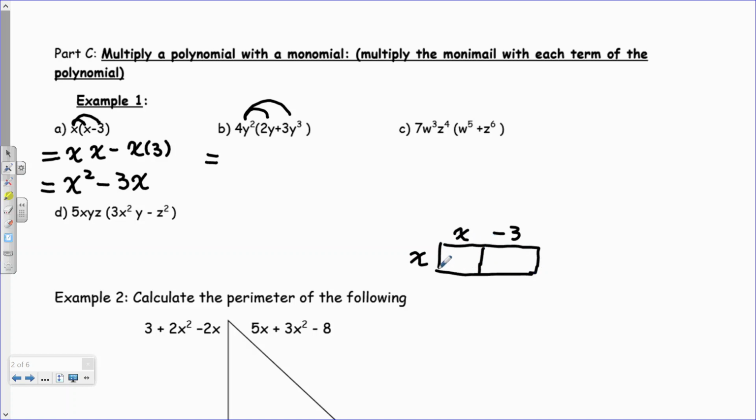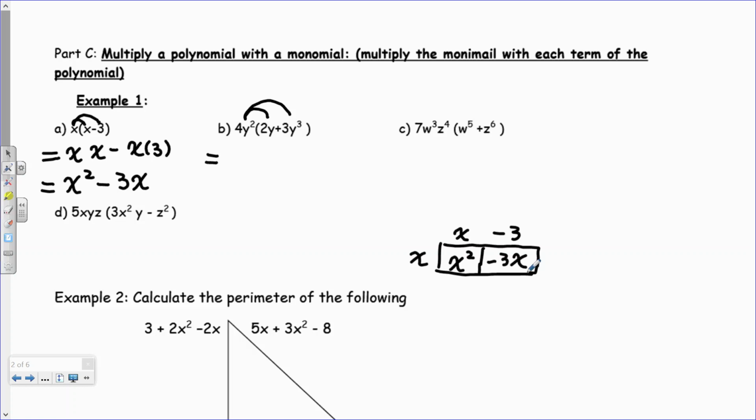The area is length times width. x times x gives you x squared, then -3 times x gives you -3x. Put these two together, and that is your answer for this expansion.